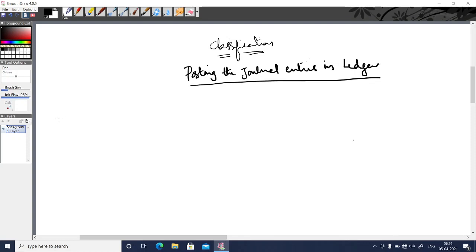Let us say the first journal entry we have is on 1st January 2020, cash account debit to capital account, rupees 10 lakhs.